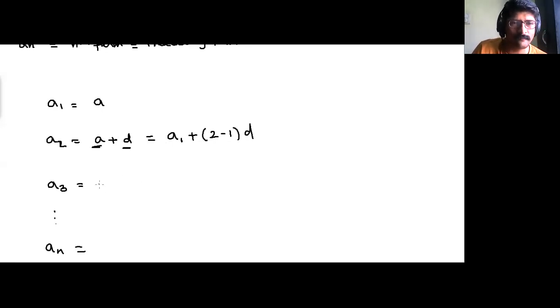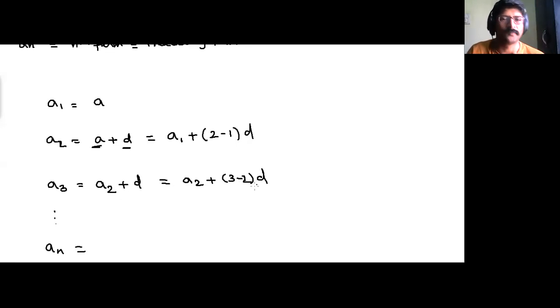What will be a3? A3 would be a2 plus d, isn't it? Now what is a2? A2 is this. So you can simply write it as a2 plus 3 minus 2 into d, because this is 2 over here, isn't it?